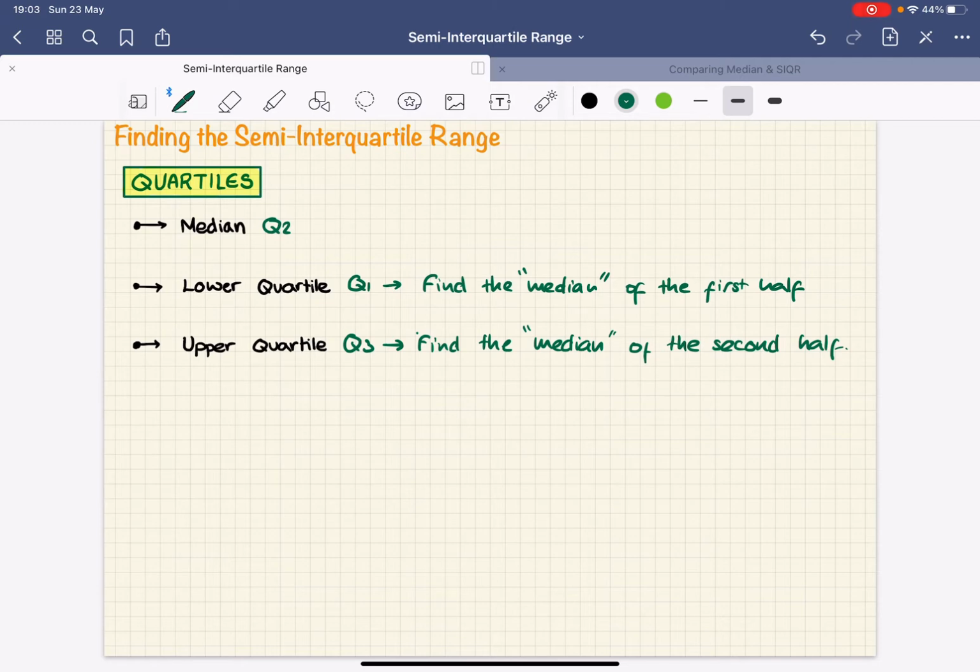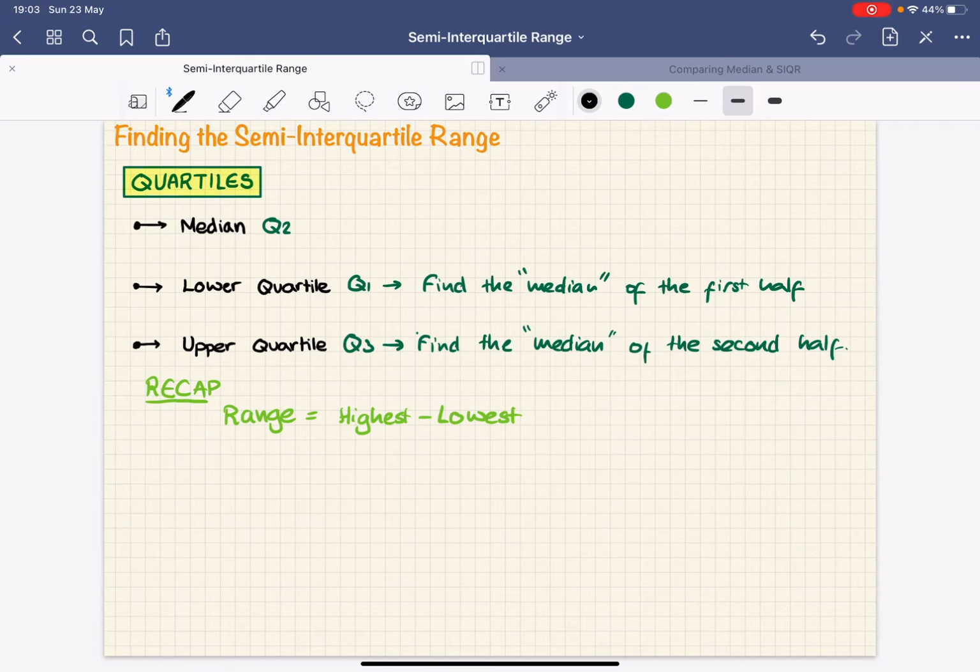But before we find that, just as a quick recap, remember when we want to find the range, we do the highest take away lowest. So that's how we find our range.